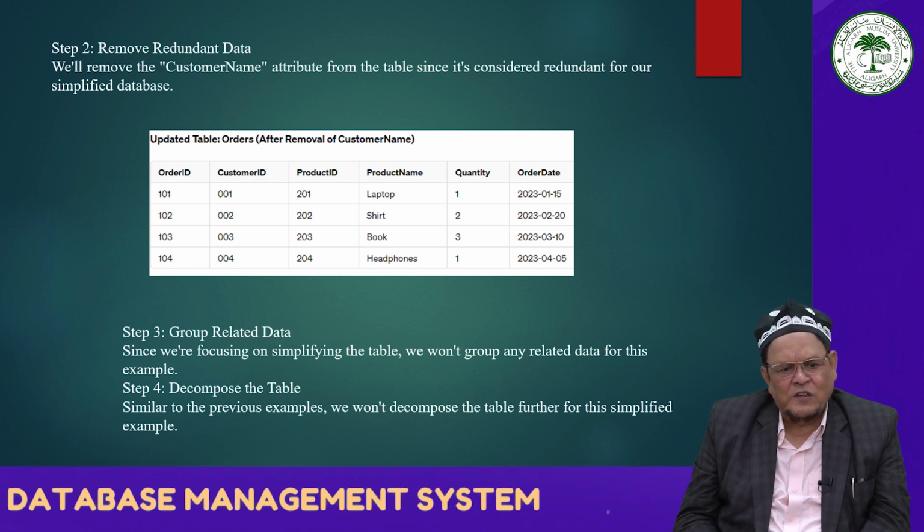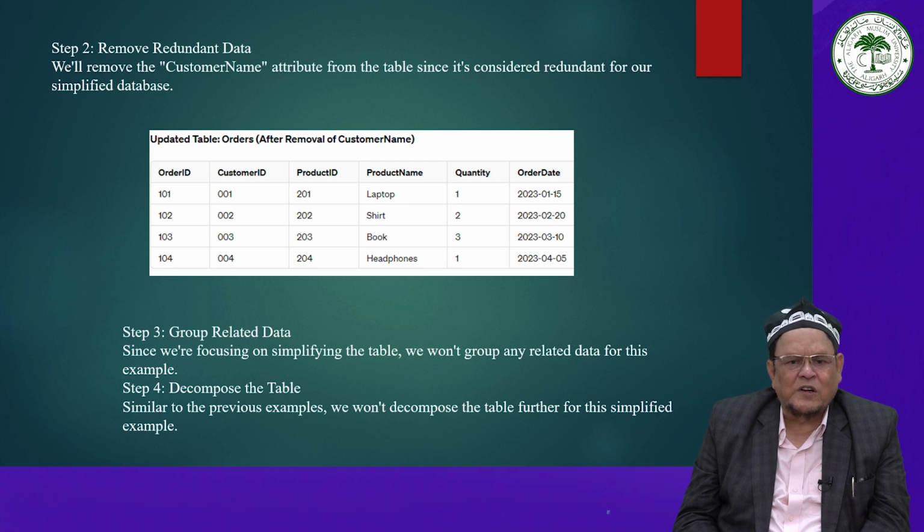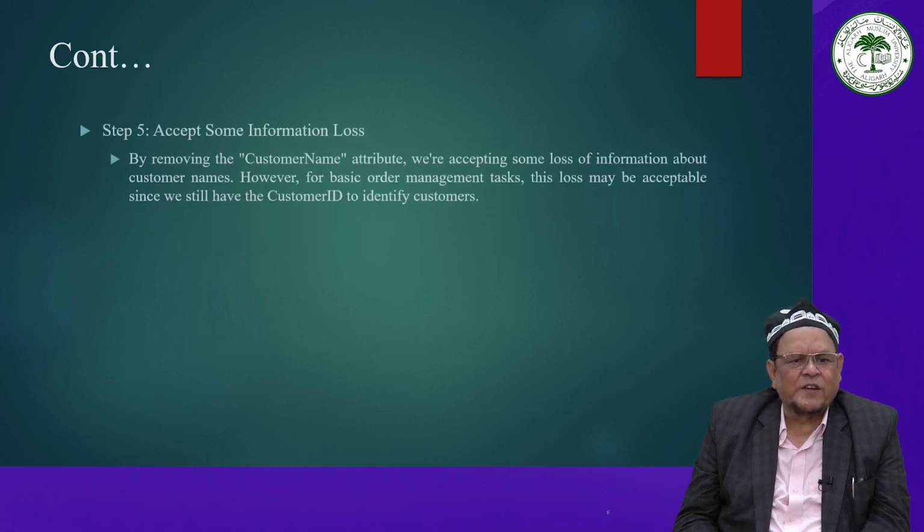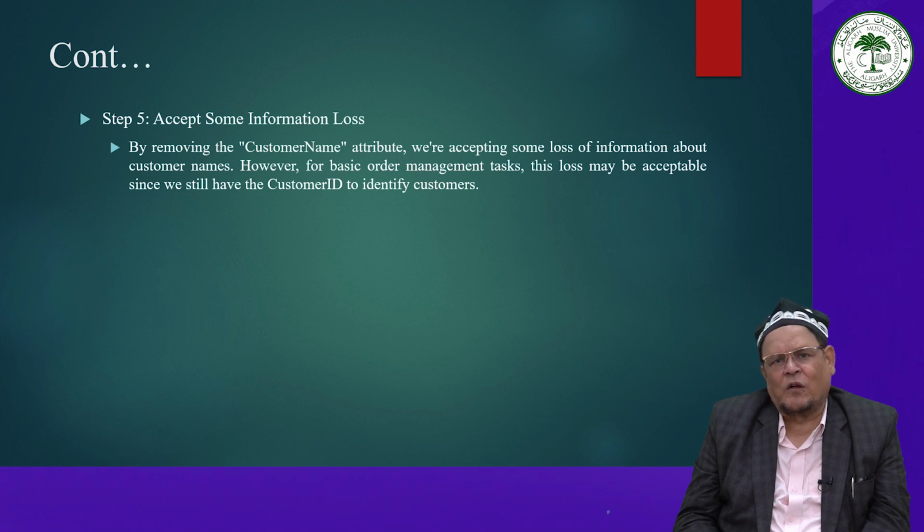Since we are focusing on simplifying the table, we would not group any related data for this example. The fourth step, decompose the table. Similar to the previous example, we would not decompose the table further. The fifth step, accept some information loss.